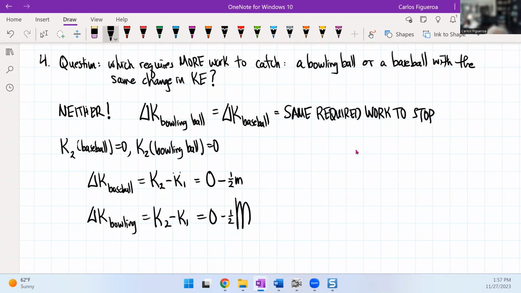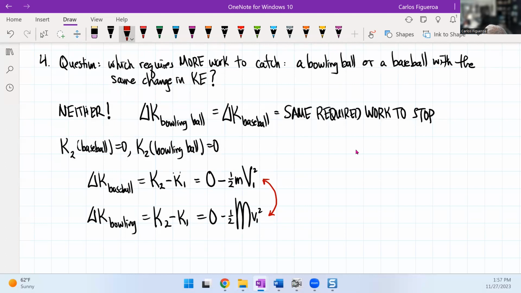But then this mass has to be larger. So the only way that these two are going to have the same work is that if this guy initially has a large speed, whereas the bowling ball has a lower speed. That's the only way that these two can have the same amount of work.